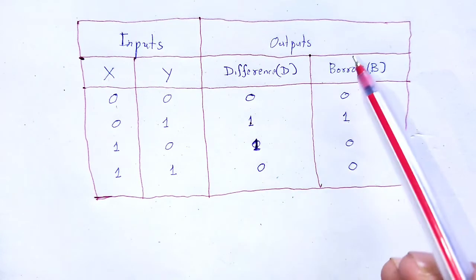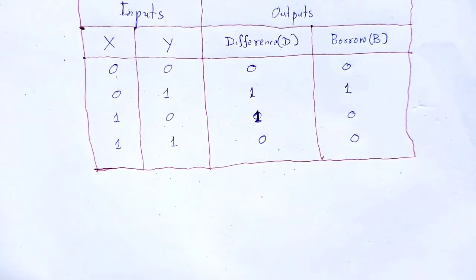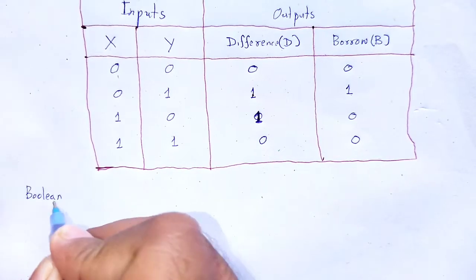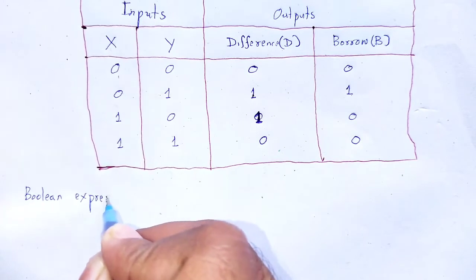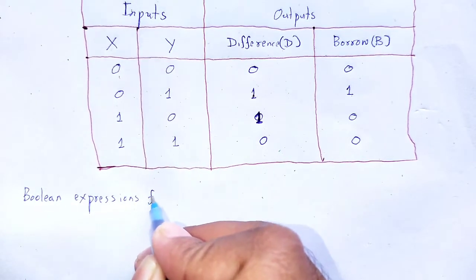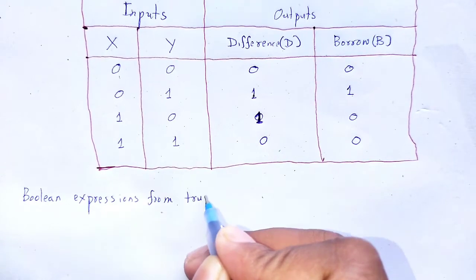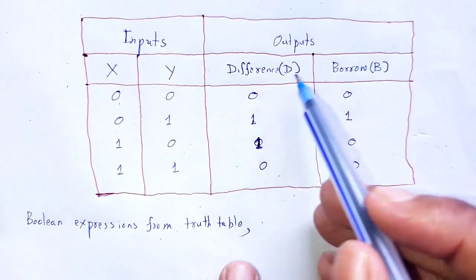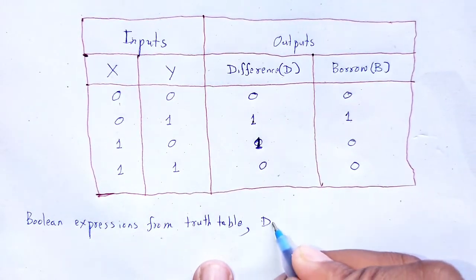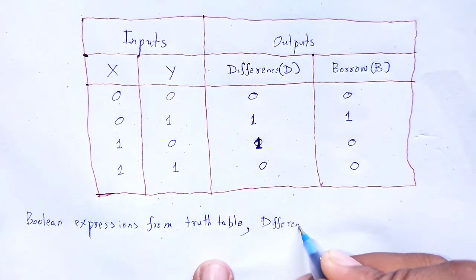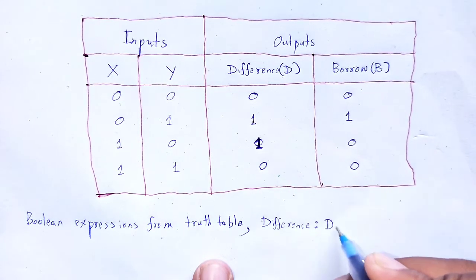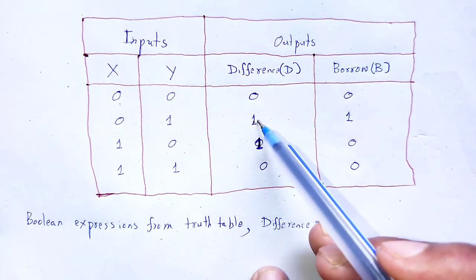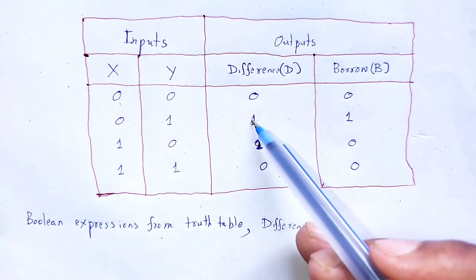When we write the truth table as Boolean expressions, from the truth table, for difference D, at which condition do we have the output high, that is 1?